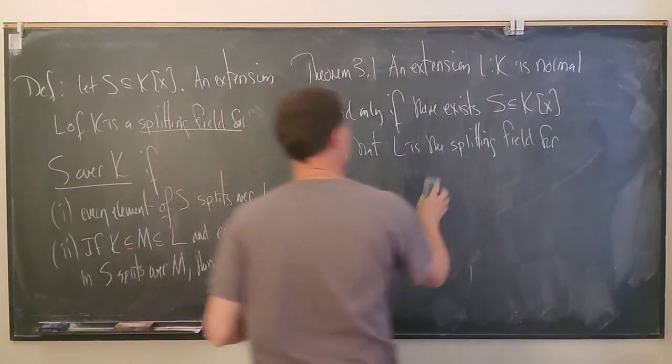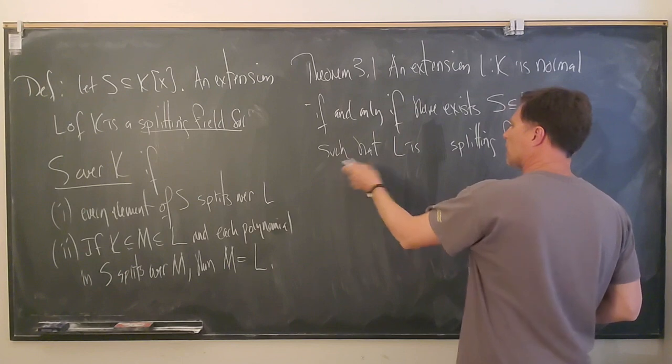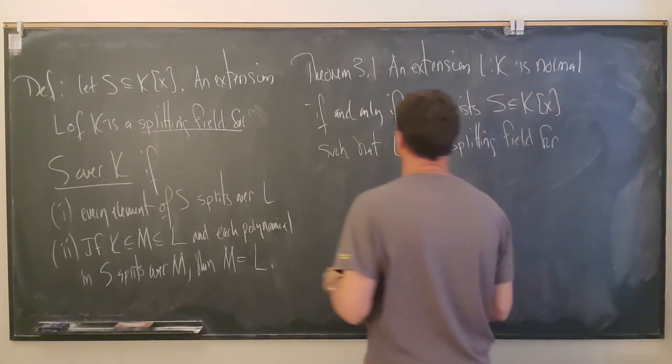We haven't proved a uniqueness theorem. So it is a splitting field for S over K.